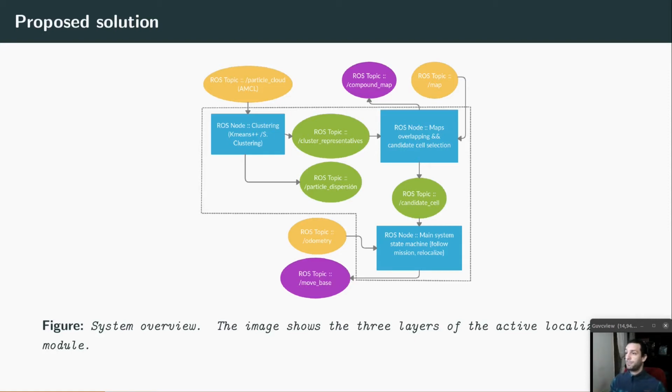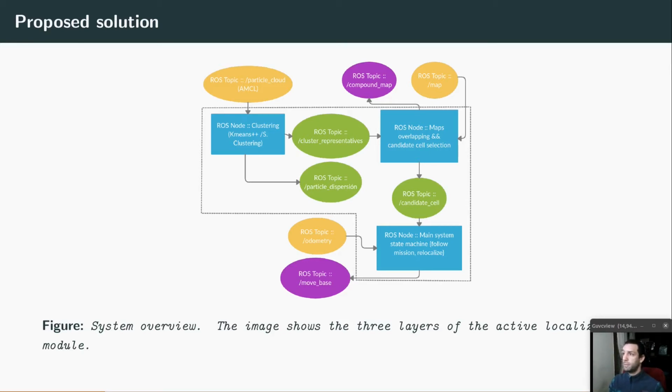The main components are the blue boxes. The first one has as input the particle cloud from Monte Carlo localization. In this node we cluster the particle cloud and find the representatives, which are the output. In the second blue node, in the upper right, we take the representatives as input and generate this overlapping map, and in that map we find the candidate cell.